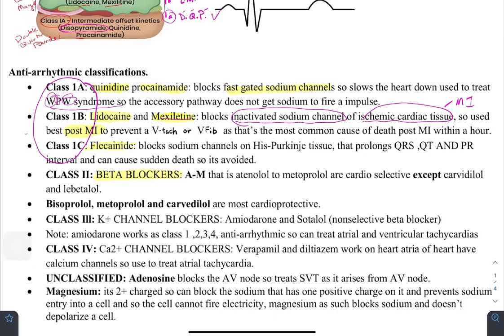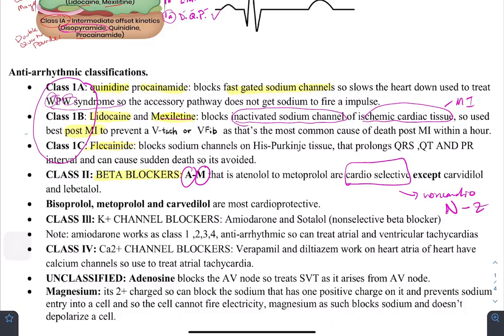The beta blockers that are useful for anti-arrhythmia are usually your A to M beta blockers, the ones that begin with the letter A and end with the letter M. Those are your cardioselective beta blockers, because the alternative is your non-cardioselective, and those begin with the letter N onward, N to Z.